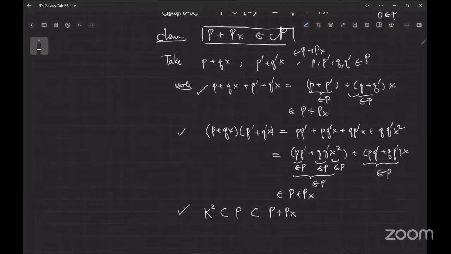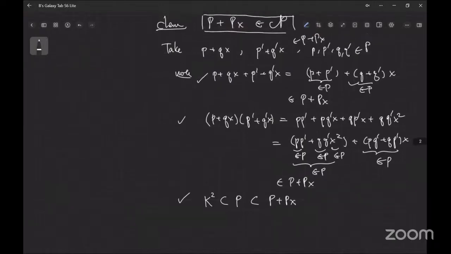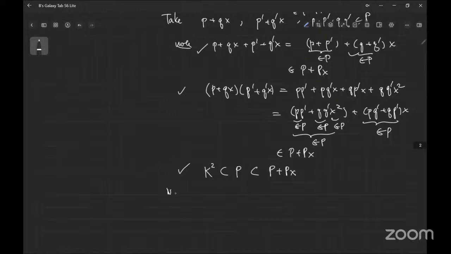Okay. Now, what's tricky is to show that negative 1 is not in P + PX. So it remains to show negative 1 is not in P + PX. Well, let's suppose not.